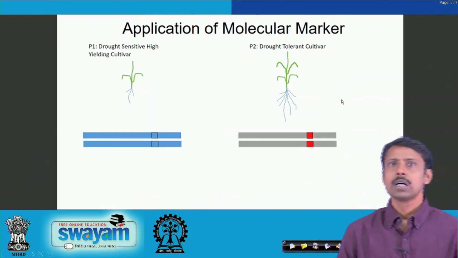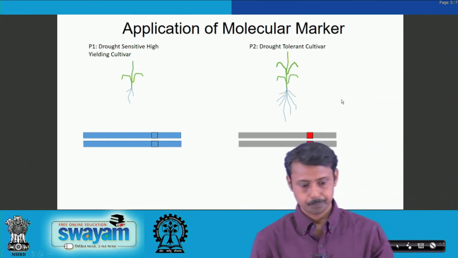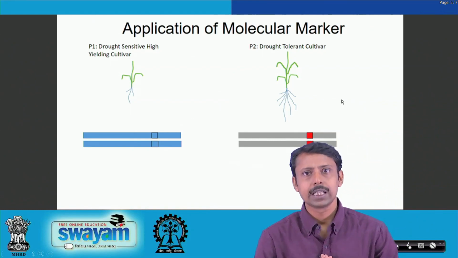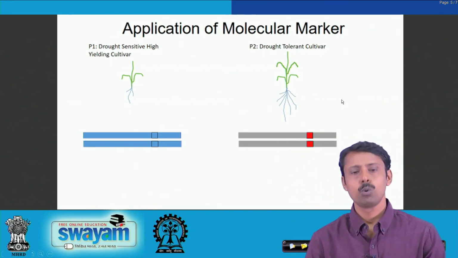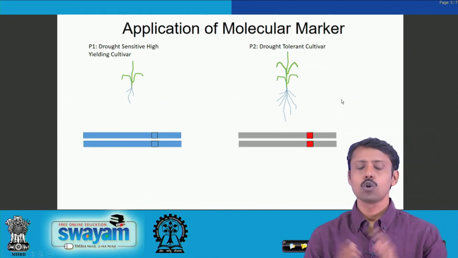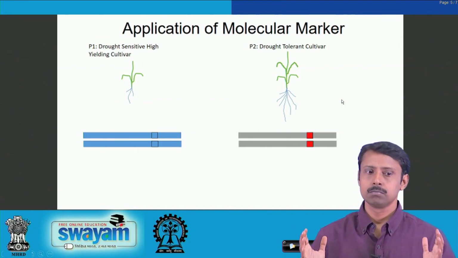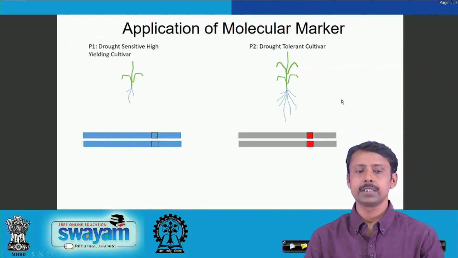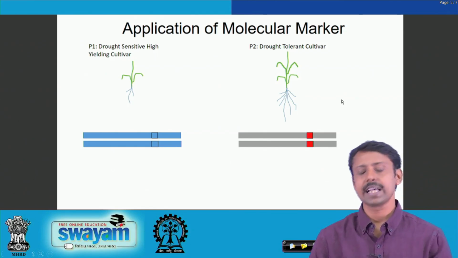Now, let us discuss the application of molecular markers. First of all, in our last class we discussed the conventional backcross method. In the backcross method, we had a particular variety which is superior in nature, has good agronomic characters and is a good yielder, but has certain lackings.